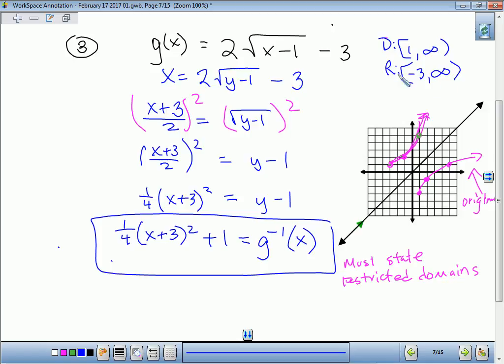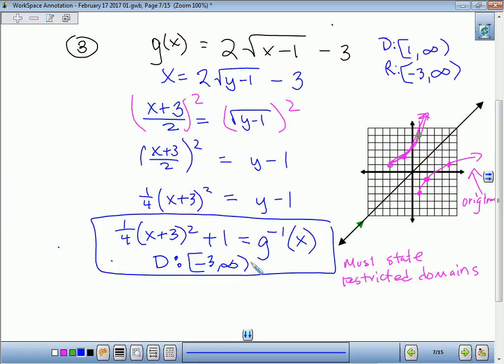The range of this function becomes the domain of this one. Because what does range represent? All possible y values. So, since range represents all possible y values in the original function, that becomes the domain of the inverse.